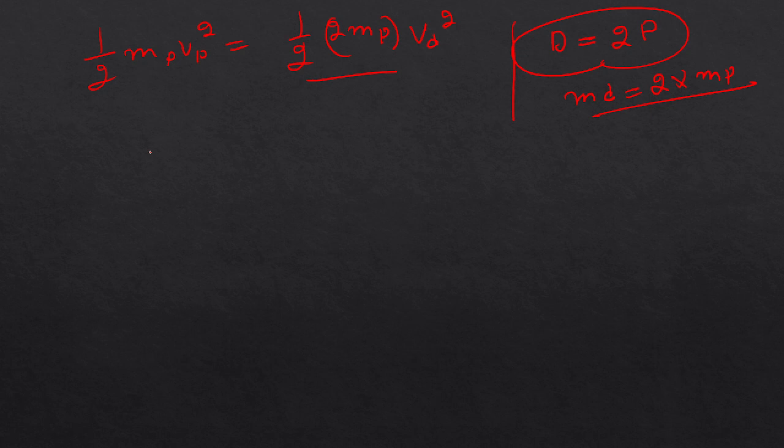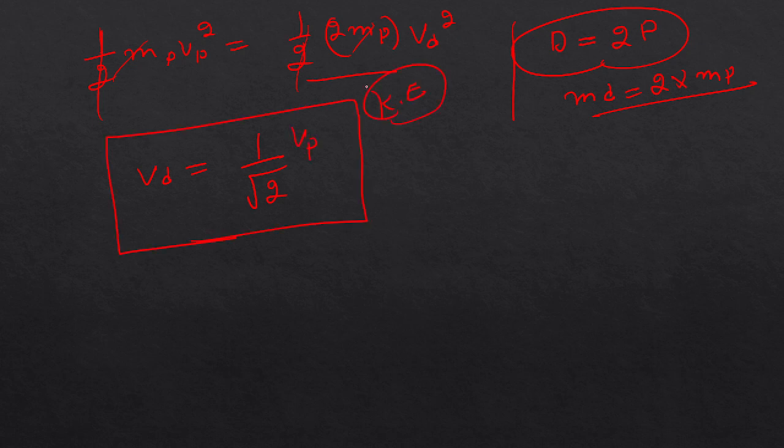Let's do it further, and cancel out the common terms. So we will get exactly v_d is equal to 1 over under root 2 times v_p. This is the relation that we got from the kinetic energy. Any numerical you face, first use the condition that is given in the question and then apply that in a different format.